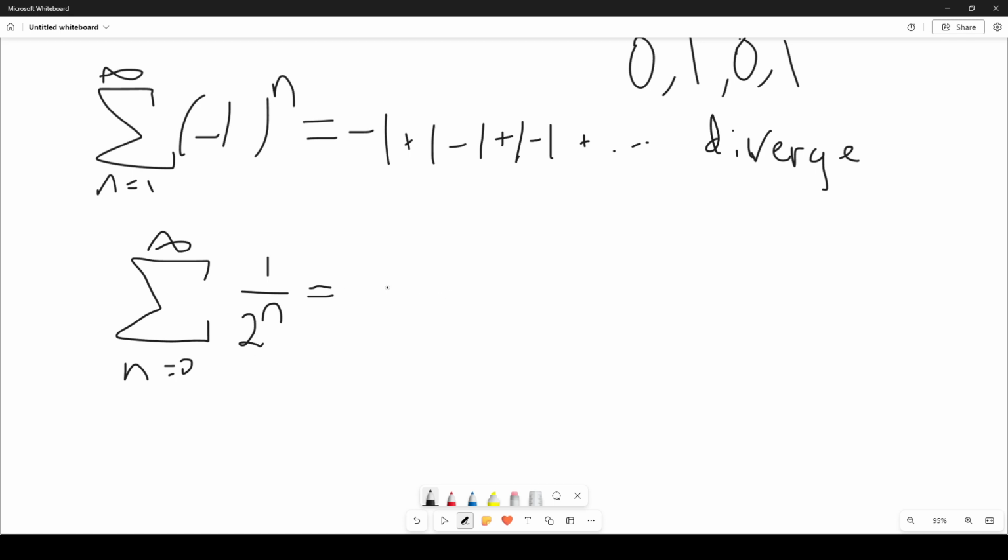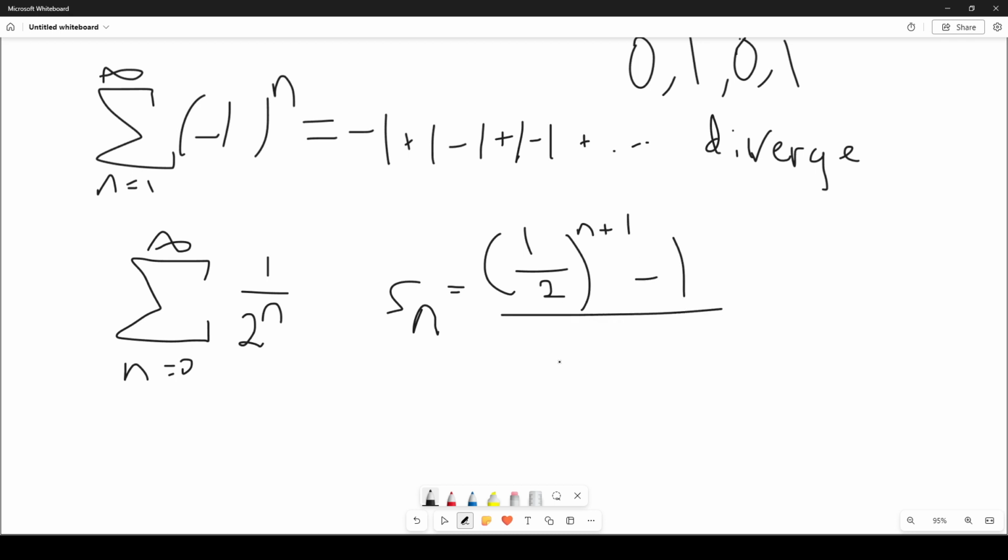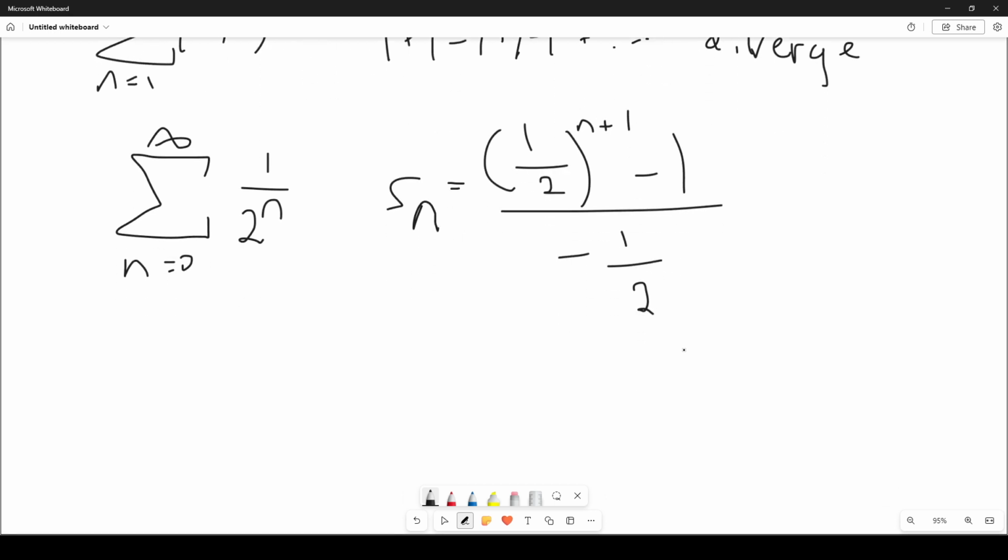And the formula for the partial sum, that I'll call S_n, is equal to (1/2)^(n+1) minus 1 over negative 1/2. There's a formula for this, and it's called the sum of a partial geometric series. Now, to take the limit as n approaches infinity, well, this (1/2)^n, since 1/2 is smaller than 1, it's going to go to 0.